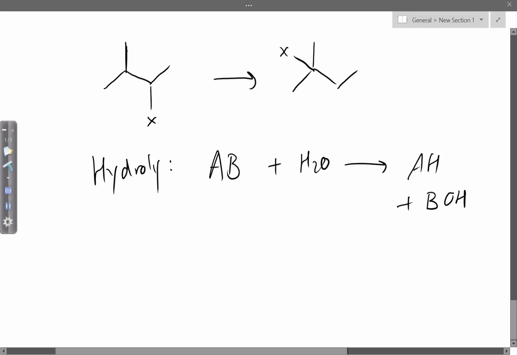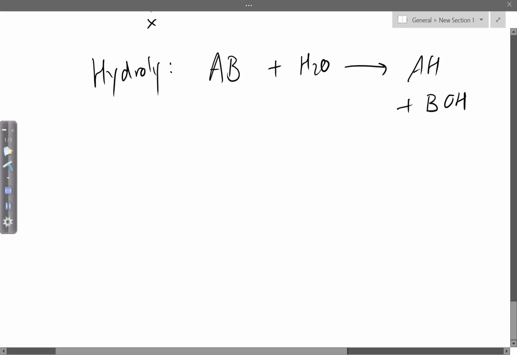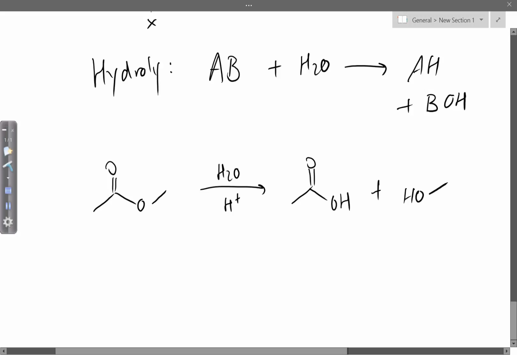Usually the water breaks apart, one joins here, one joins here. It can be the other way around also, the OH joins here, the H joins here, depending on the exact reaction. Hydrolysis we have learned already in O levels, which is the hydrolysis of the ester. You have an ester group. If you hydrolyze it, of course with the help of acid, you will have your carboxylic acid plus your alcohol, right?